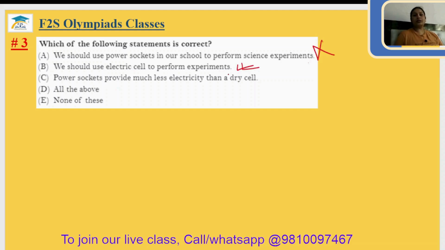Yes, because the electric cell produces DC current and it cannot be conducted by your body. Power sockets provide much less electricity than a dry cell. No, it provides more electricity. That's why it is dangerous. So option B will be the correct answer. Third answer is option B.